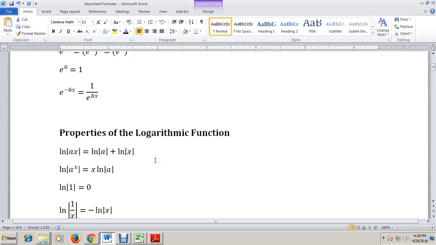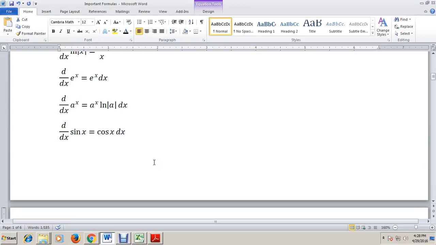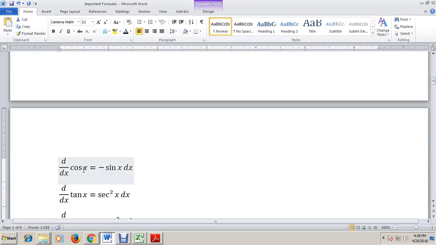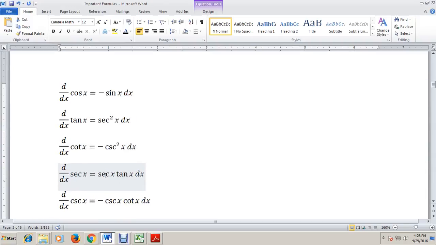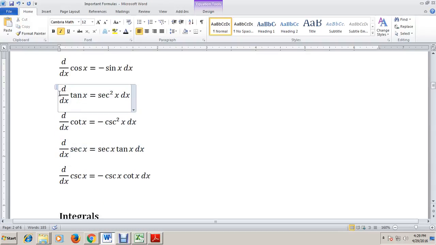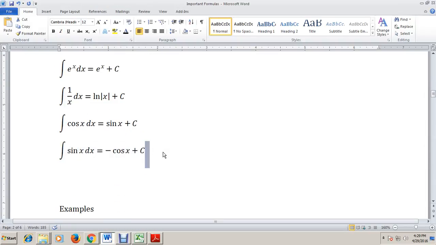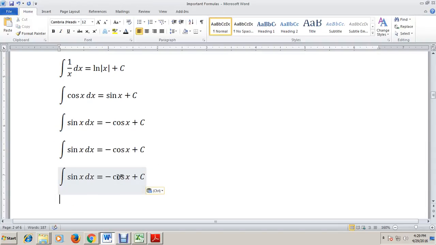In our list of derivatives, we have the derivative of sine x is equal to cosine x, and the derivative of cosine x is negative sine x. So if we integrate secant squared x, we should have tangent x. Let me do this for the other four.